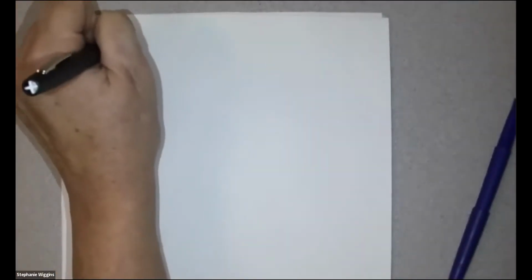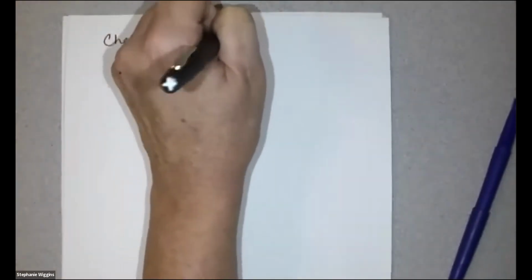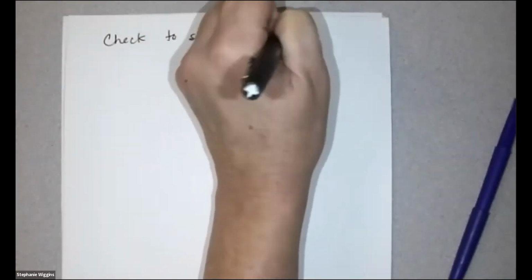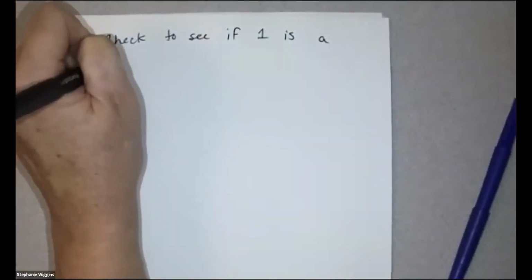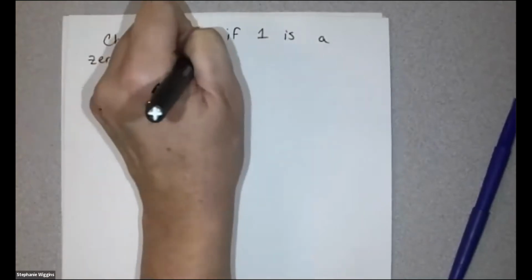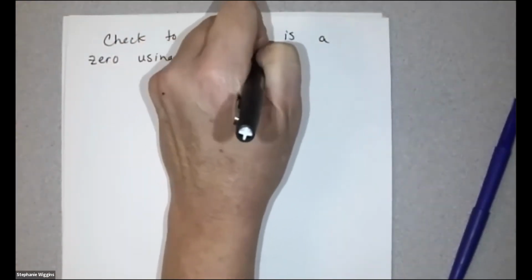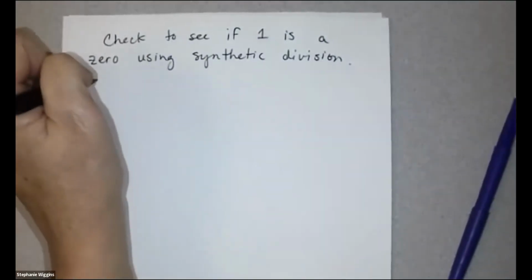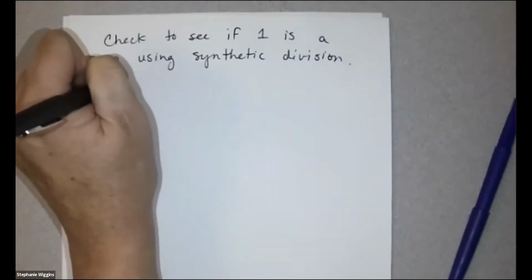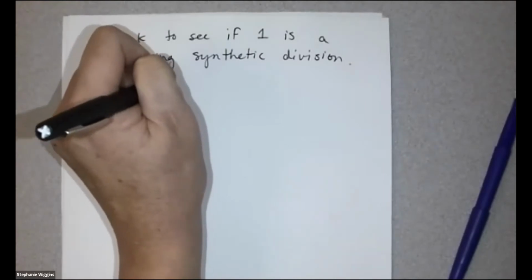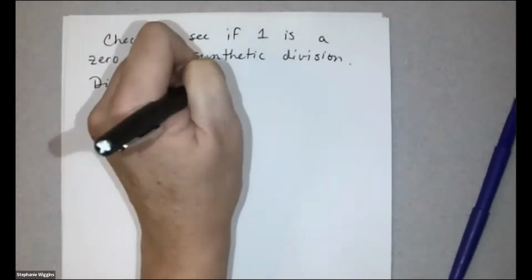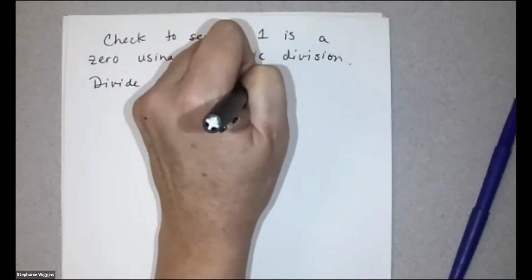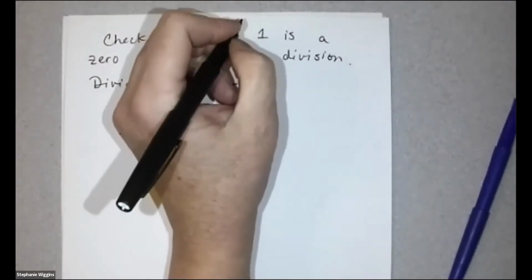So we're going to divide our polynomial, which is f of x equals x cubed minus 3x plus 2.